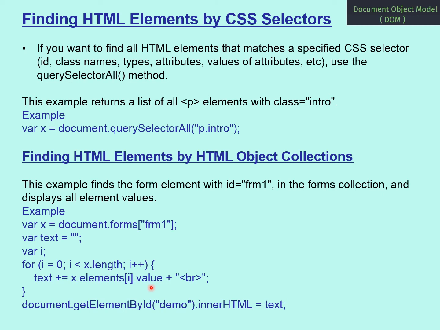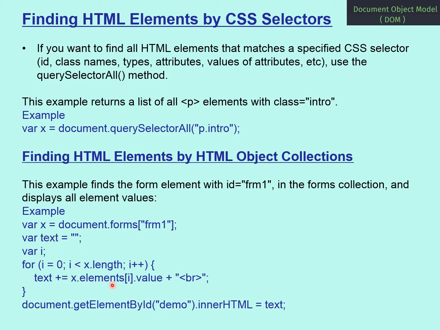Anything can be specified. Then another point is finding HTML elements by HTML object collections. Here we use the method document.forms of the form name. Here all the input data from form 1 will be assigned to the variable x, and from that variable x we try to access the different element values.